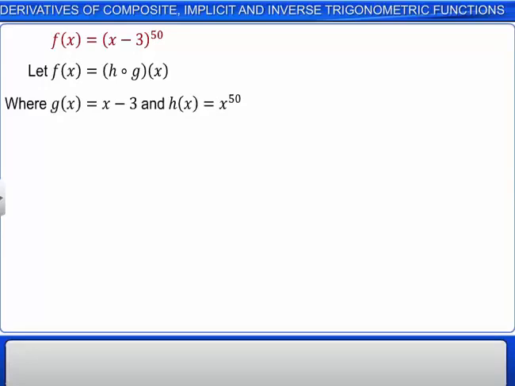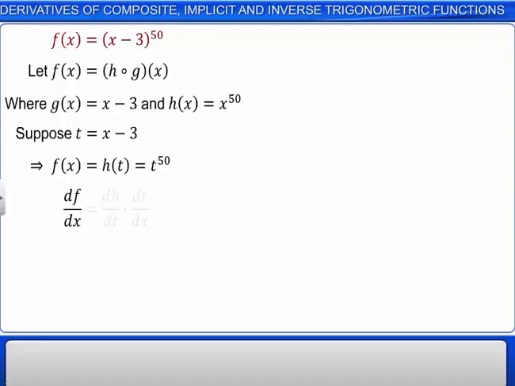This implies that f of x is equal to h of t, which is equal to t raised to the power 50. By the chain rule, the derivative of f with respect to x is equal to the derivative of h with respect to t into the derivative of t with respect to x.